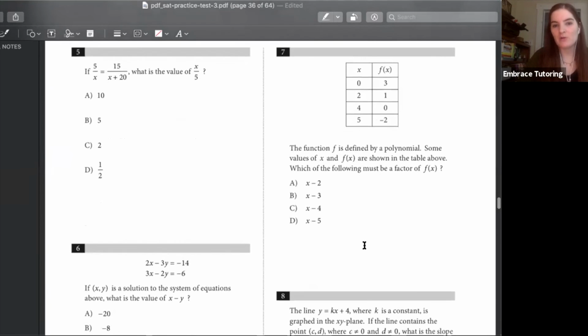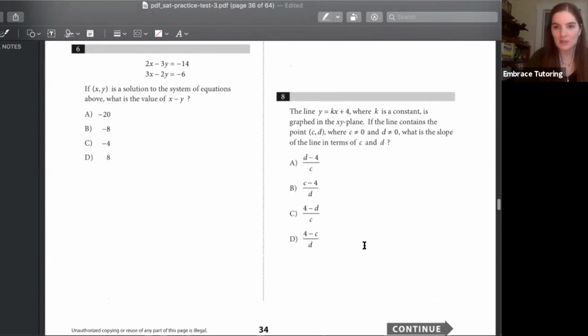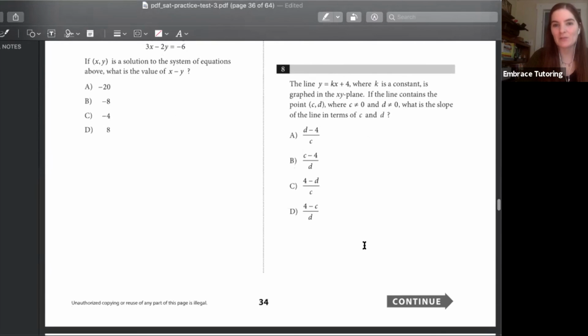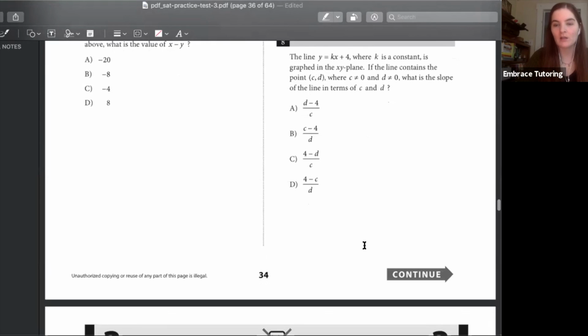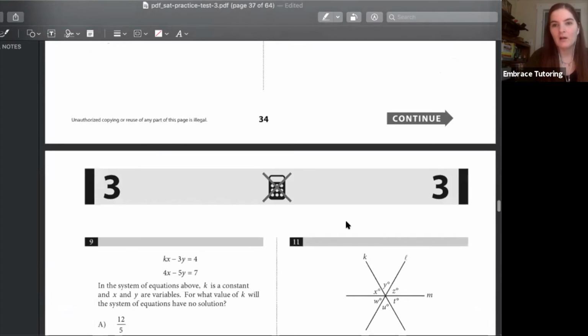Being familiar with those and refreshing your memory on those is going to help you solve those bigger content issues that have to do more with your understanding of particular math concepts, okay, as opposed to making simple calculation errors or careless reading errors, okay.